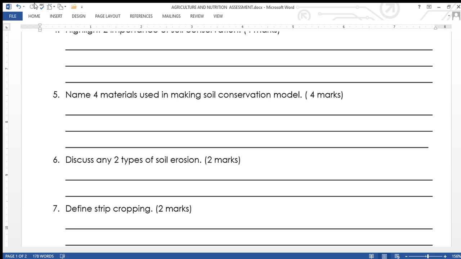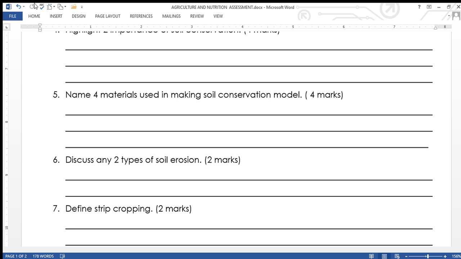Yes, group 1. Gully erosion occurs as a result of continuous rill erosion where many rills join and form a big gully which becomes a dam. Very good, for that contribution from group 6 and group 1. Any other addition? I think they are enough, isn't it? Yes. That is good work.